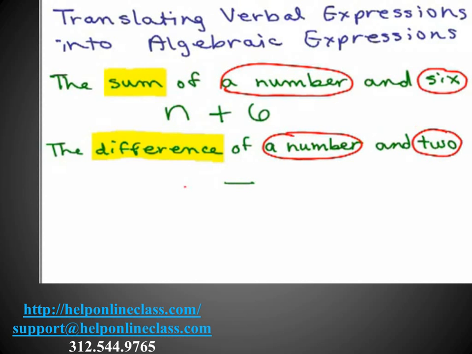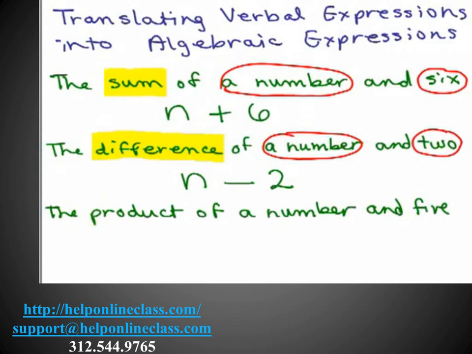So whatever comes first, you'll put before the minus sign, and what comes after the word and is what you would subtract. That's how you would differentiate what goes first and what comes second. So again, let's just use n again to represent the number. It has to be a variable, and 2. So n minus 2 is how we would write the difference of a number and 2.